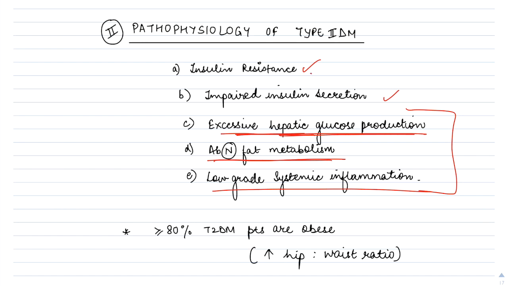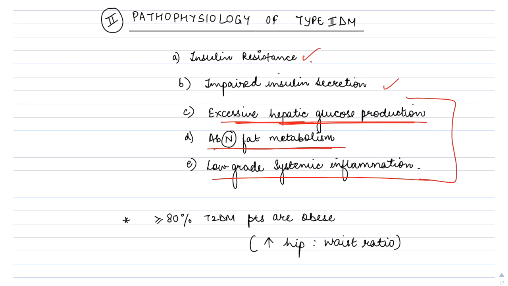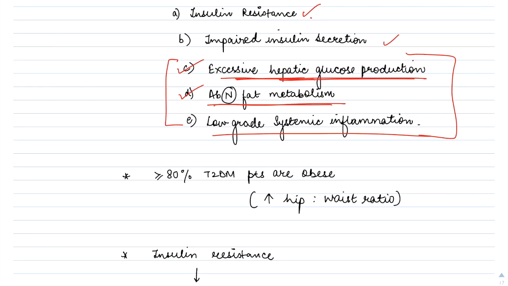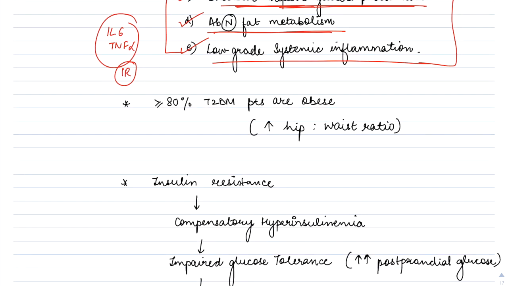We have discussed that insulin resistance and impaired insulin secretion are present, but these three things are also present: excessive hepatic glucose production, with increased gluconeogenesis and increased glycogenolysis in the liver; abnormal fat metabolism in the adipose tissue; and low-grade inflammation because of IL-6 and TNF alpha being produced in excess because of the insulin resistance.